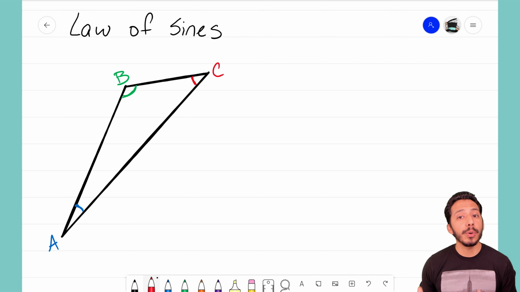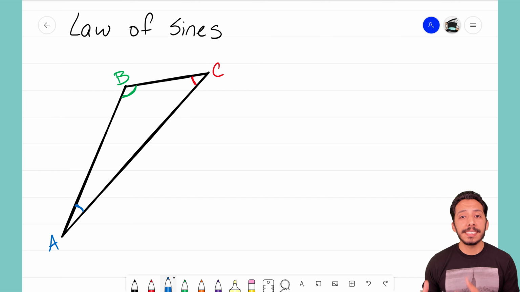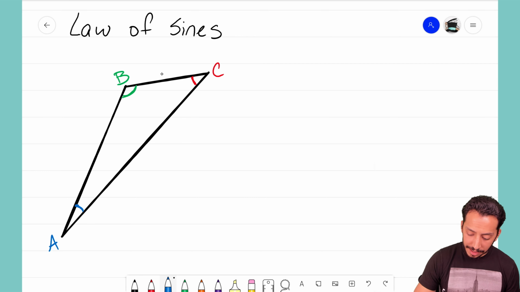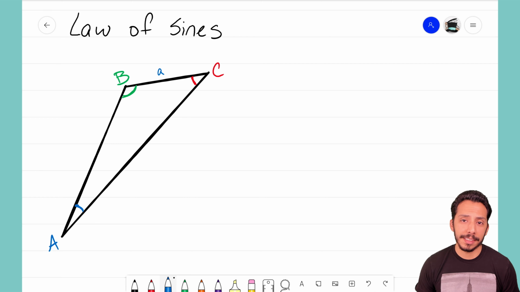Now I also want to label the sides for this triangle. And what might not be as well known to you as I hope it would be is that when we're labeling the sides of our triangle, we see I have angle A over here. As I move across from angle A to this opposite side here, I'm going to label this side with a lowercase a.